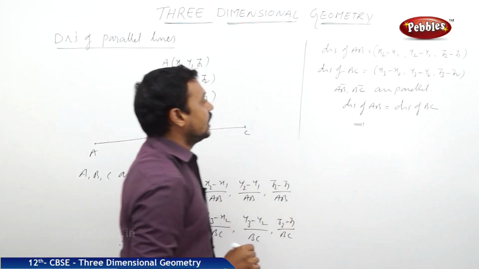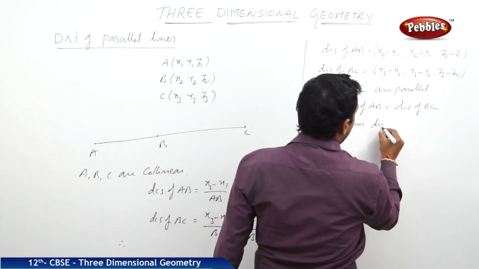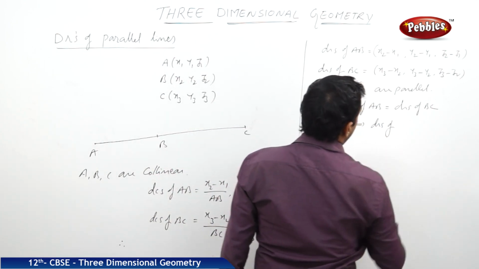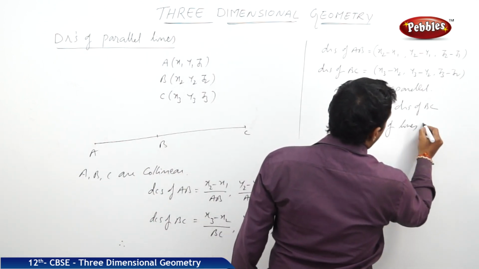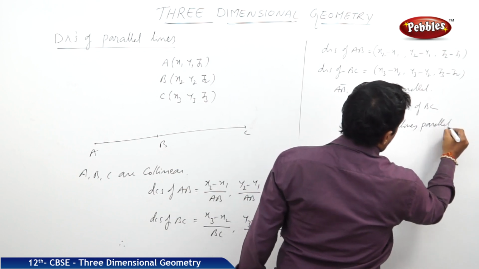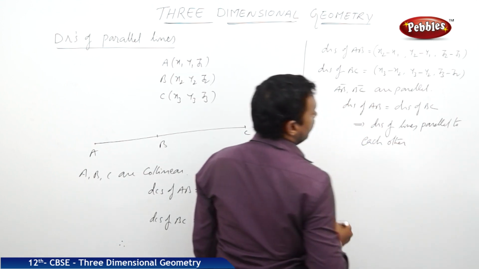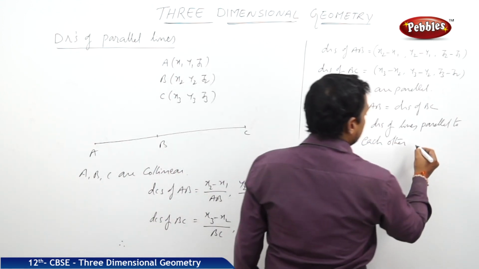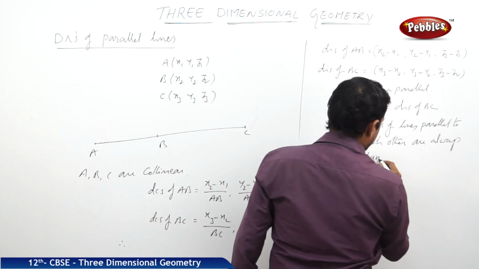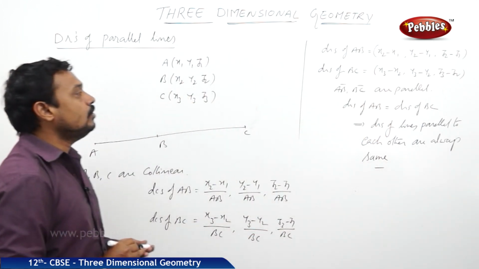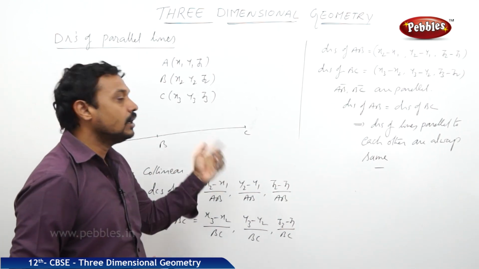Therefore, the DRs of lines parallel to each other are always the same. So, suppose any two parallel lines are given, then their direction ratios should be equal.